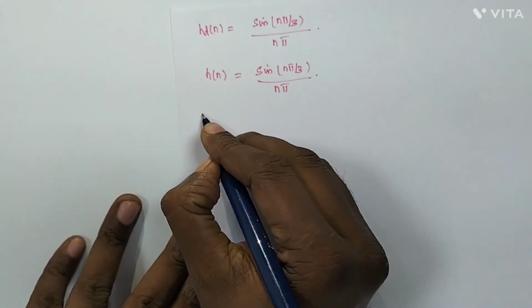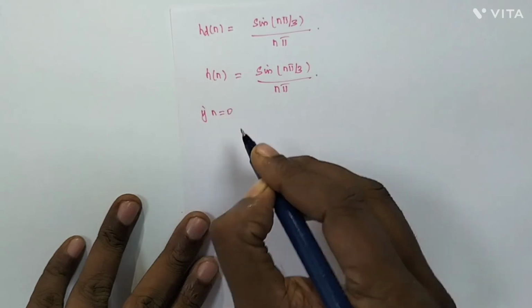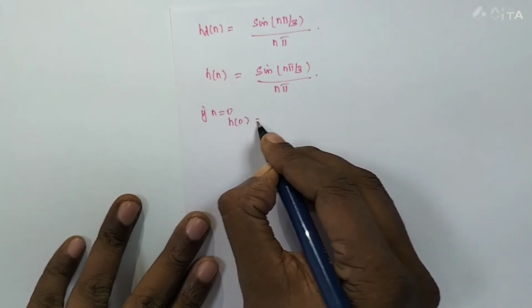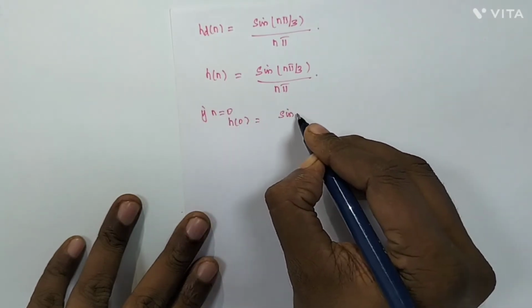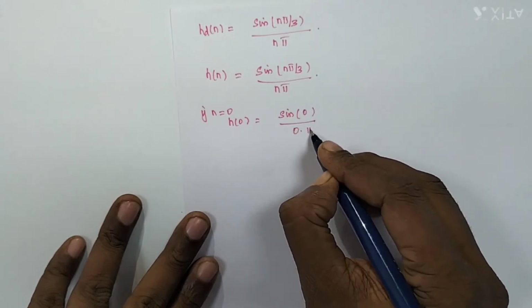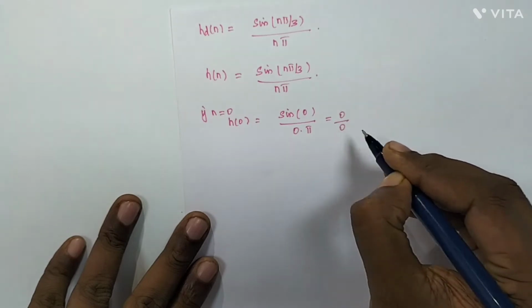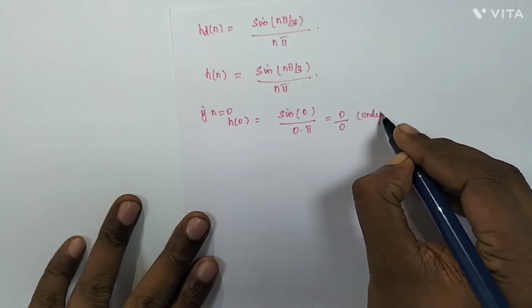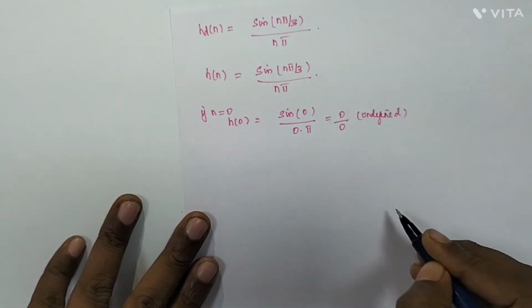If n is equal to 0, h of 0 is equal to sin 0 divided by 0 into pi. It is 0 by 0. It is undefined.